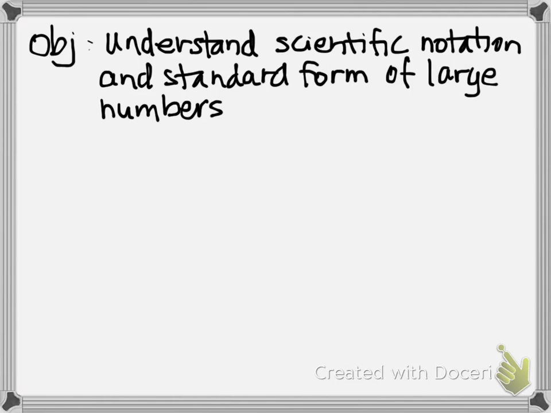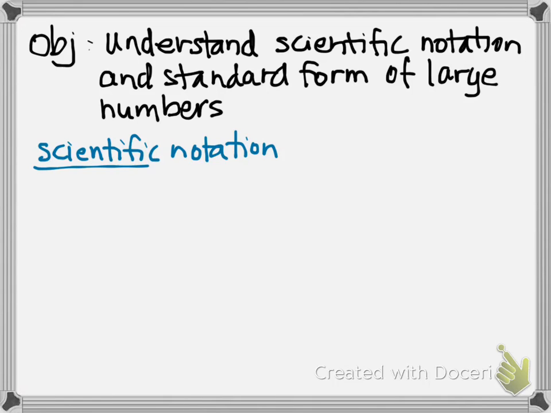So first thing we want to do is write down our definition of scientific notation, so that we have it handy. So scientific notation, what do you think scientific refers to?